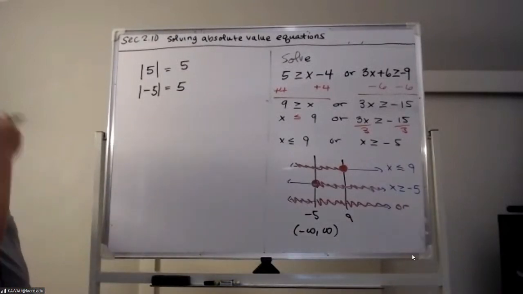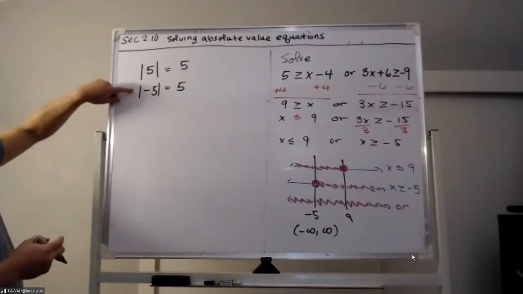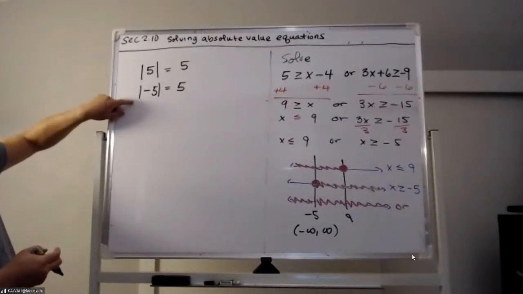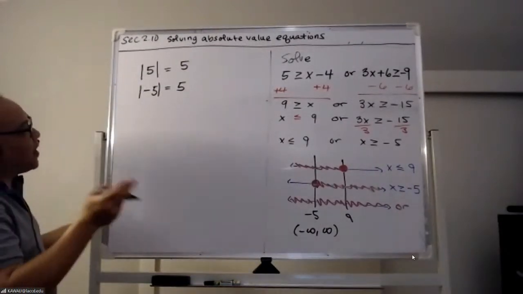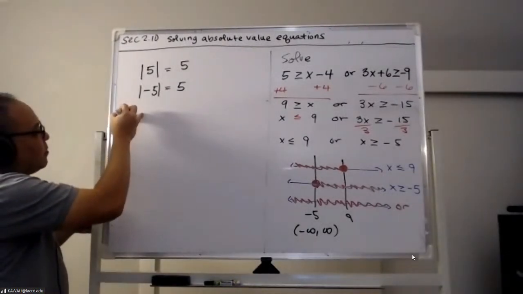Now, the first question is, why is that true? First of all, these two bars mean absolute value. What absolute value means is the distance from the center.